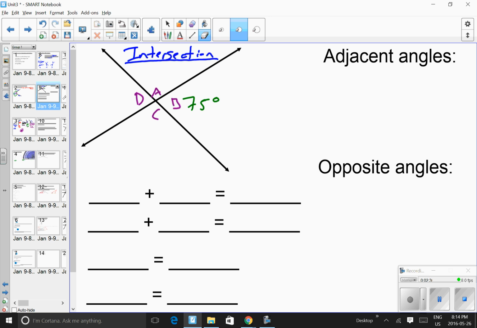We know that a straight angle adds up to 180 degrees. So this angle here has to add up to 180 degrees. Therefore, A plus B has to equal 180 degrees.